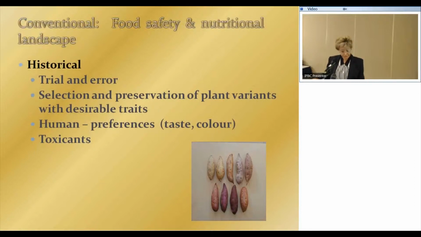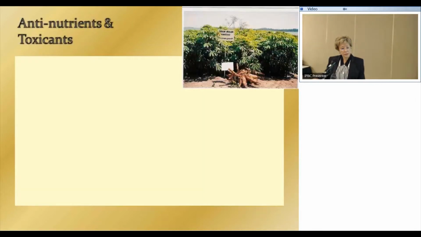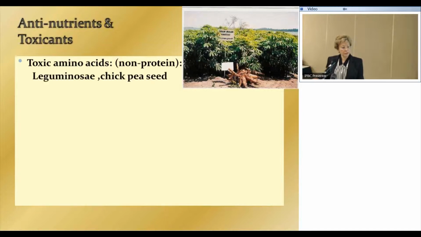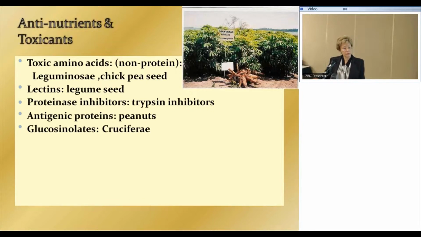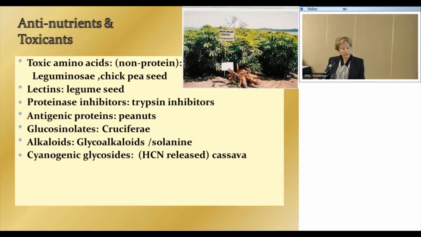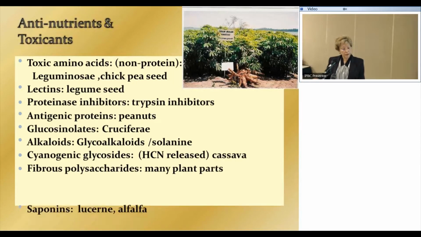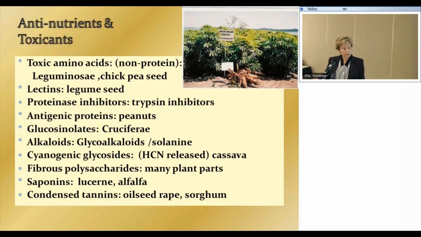So the toxicants, they are always present in various concentrations. And in crop plants you find all these ones: toxic amino acids, lectins, proteinase inhibitors, antigenic proteins, the peanuts example, glucosinolates, alkaloids, solanine in potatoes, cyanogenic glycosides, fibrous polysaccharides and saponins, and condensed tannins.